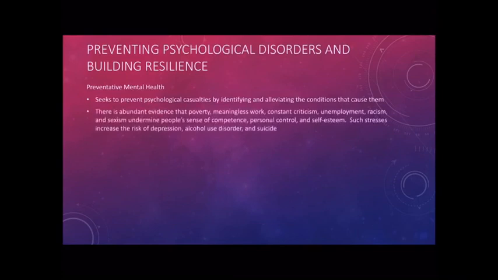There's abundant evidence that poverty, meaningless work, constant criticism, unemployment, racism, and sexism undermine people's sense of competence, personal control, and self-esteem. Such stresses increase the risk of depression, alcohol use disorder, and suicide. So if we can get rid of those stresses for people, then we can actually stop depression, alcohol use disorder, and suicidal tendencies from even developing in a lot of people.